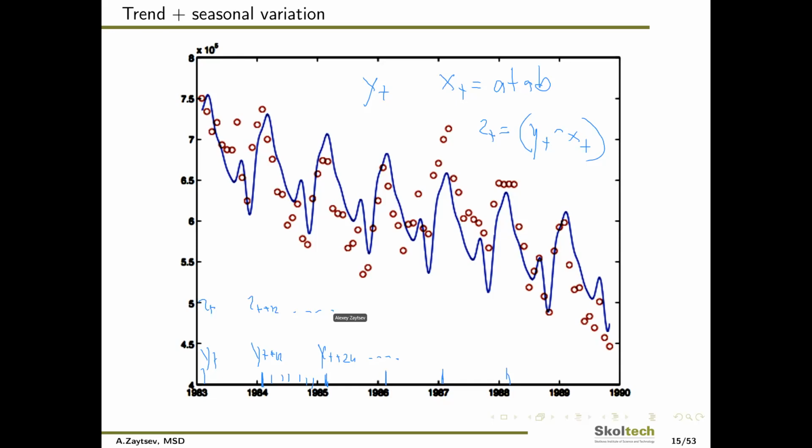And we can, for example, estimate the seasonality related to a particular month as the mean value of r_{t+12τ}, for τ from 0 to the number of years in the data. In this case, we have 1, 2, 3, 4, 5, 6, 7. Yeah, 7 years.